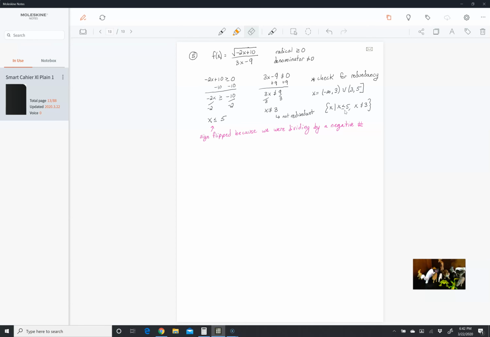Let's look at composition. So composition says the output of one function becomes the input of another.